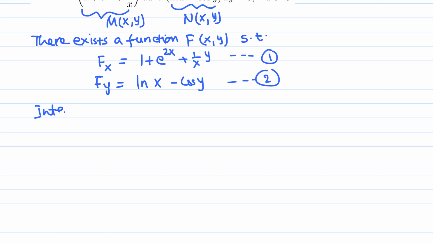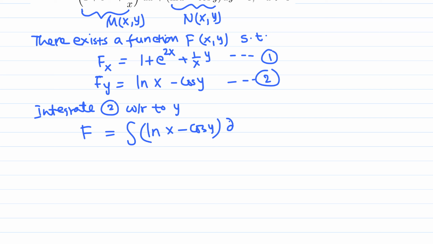So integrate this with respect to y. Then we get the function back, by the way. When we integrate F_y, we get F back equals the integral with respect to y. Let me set this up. This is a partial antiderivative. You can write regular d, but I'm writing it this way. With respect to y, this ln x is constant. Then what is the antiderivative of that with respect to y?